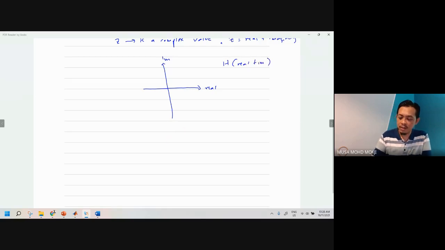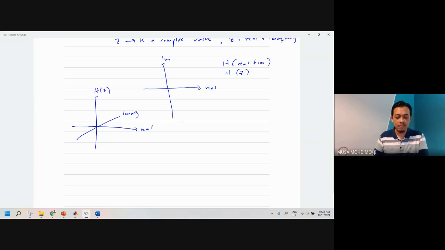Instead, we write it as HZ for a simple notation, because we already know that Z is a complex value. To better imagine this, Z is on the horizontal axis, and this is HZ on the vertical axis.